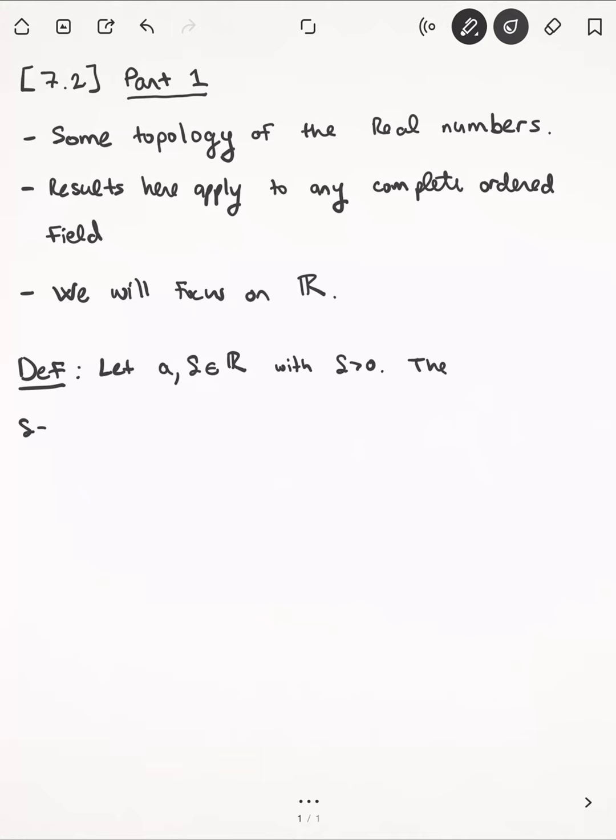The delta neighborhood of a is the set, and then you write this fancy n. This is the notation for the delta neighborhood of a. And what is this set?